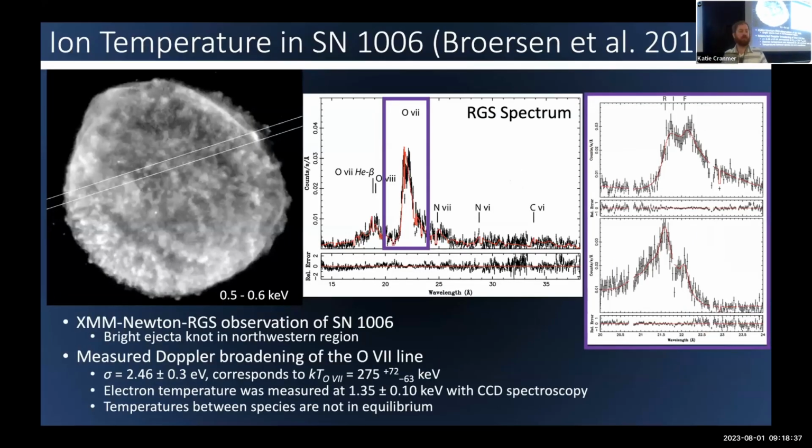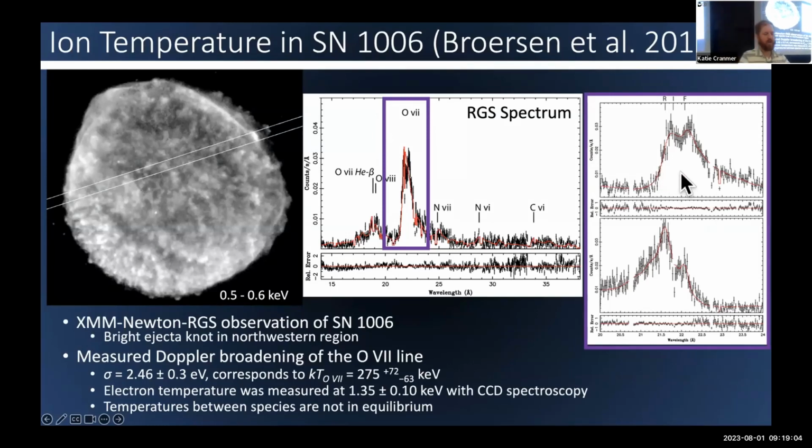So one great example of this is in Supernova 1006, where they took the spectrum of a bright ejecta knot in the northwest region of the remnant. So you can see the oxygen 7 line here, and you can see how it's sort of broadened in this close-up view.